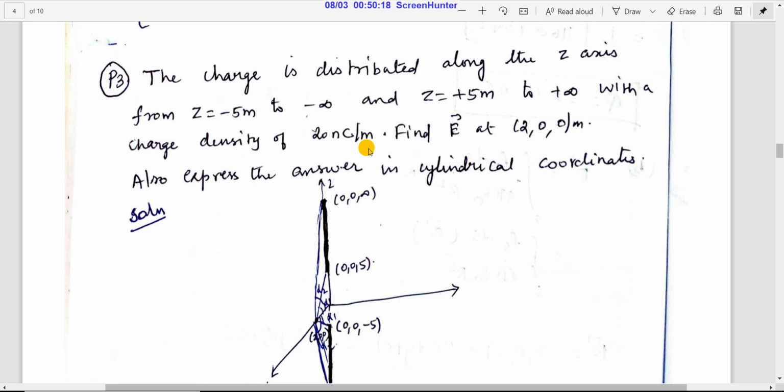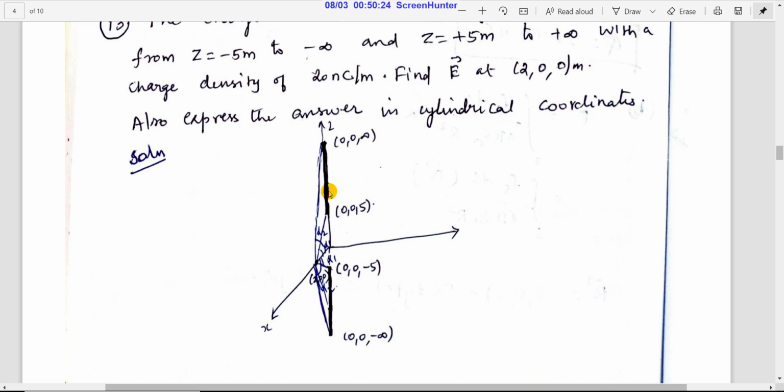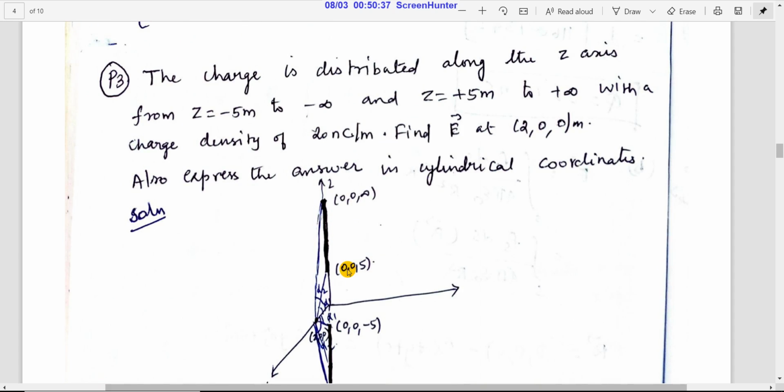So we can conclude that this particular charge density is line charge density. Since this is line charge density from 5 to infinity and minus 5 to minus infinity, these are the two charge distributions given, both having the same amount of charge density.